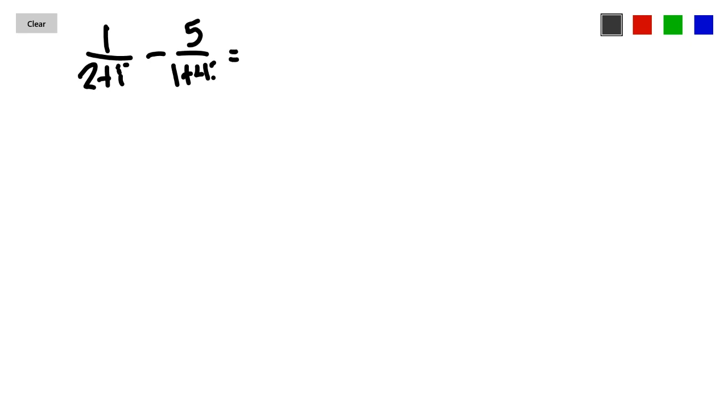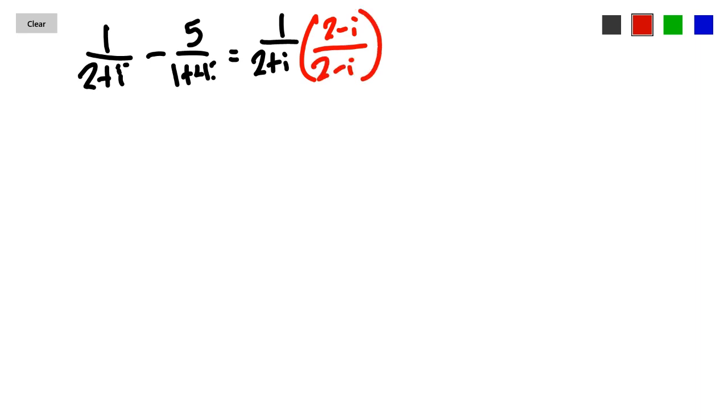So what I'm going to do is multiply each fraction by the conjugate of its denominator on top and bottom. So I'm going to have 1 over 2 plus i multiplied by 2 minus i over 2 minus i. And then subtract that from 5 over 1 plus 4i times 1 minus 4i over 1 minus 4i.